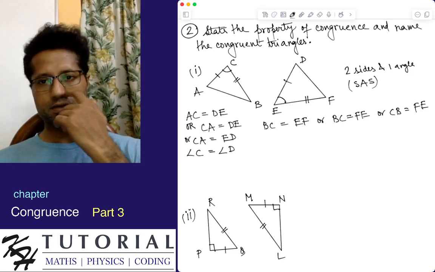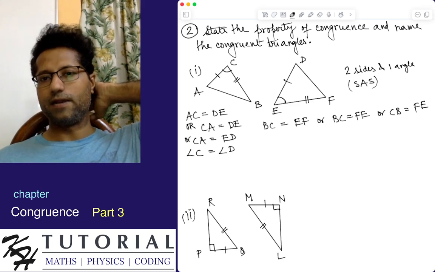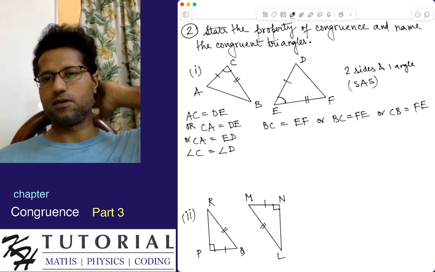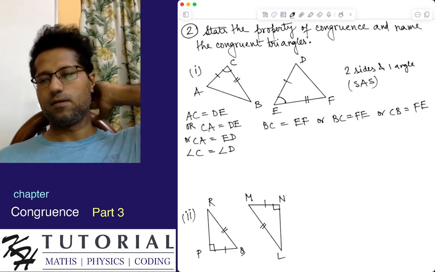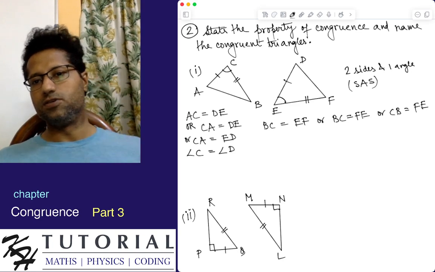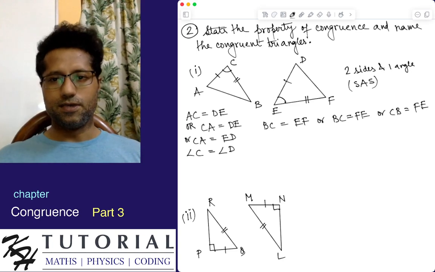We have no other choice. As per the four conditions of congruence, or four criteria of congruence, we know it is SSS, that is three sides, or SAS, which is two sides one angle, or it is ASA, which is two angles one side, and we have RHS.